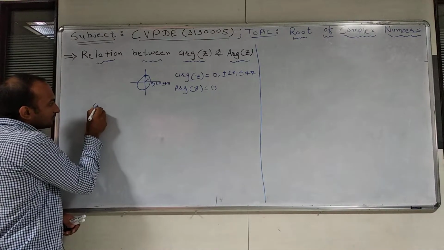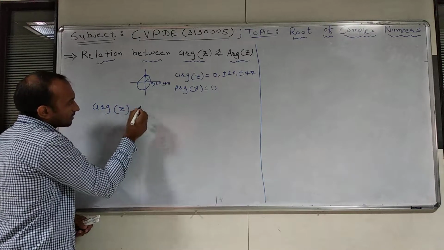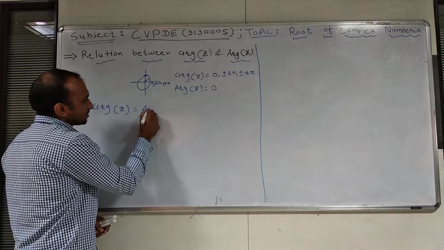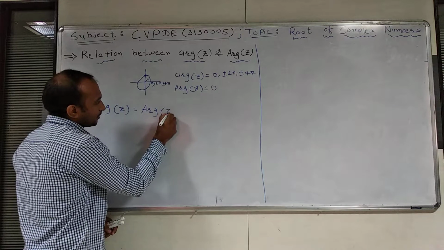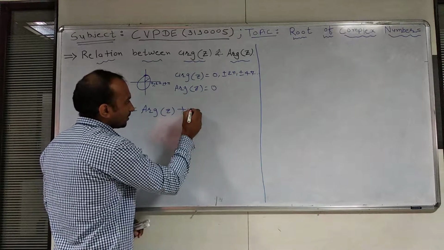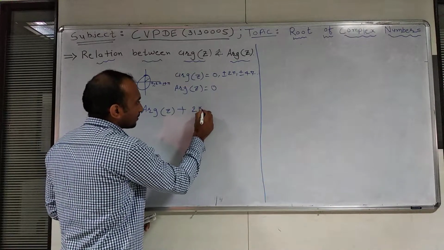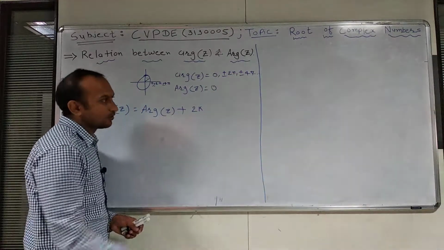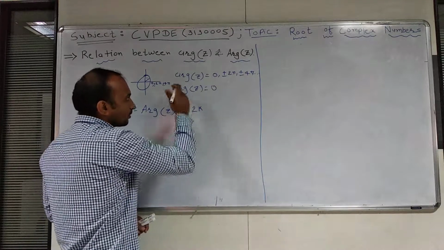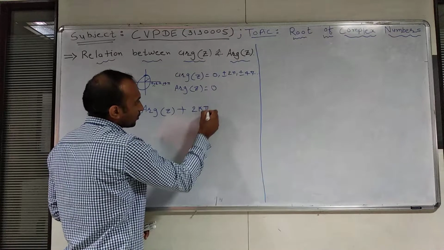The simple argument arg z can be found by using the principal argument of z plus 2k pi. Here the difference is 2 pi, so 2k, where k takes different integer values like 0, 4, minus 2, and since pi exists, this is 2k pi.